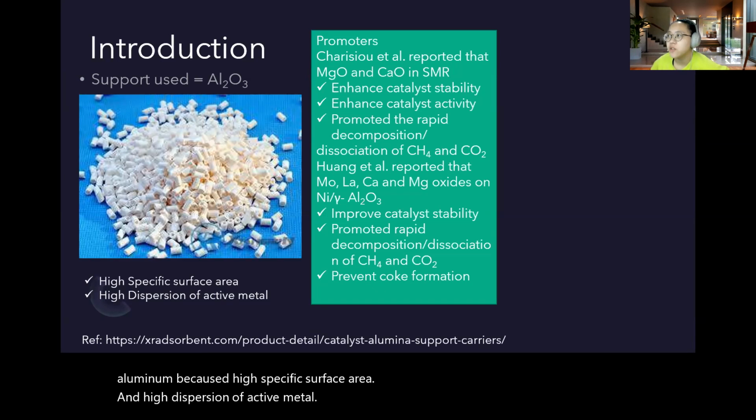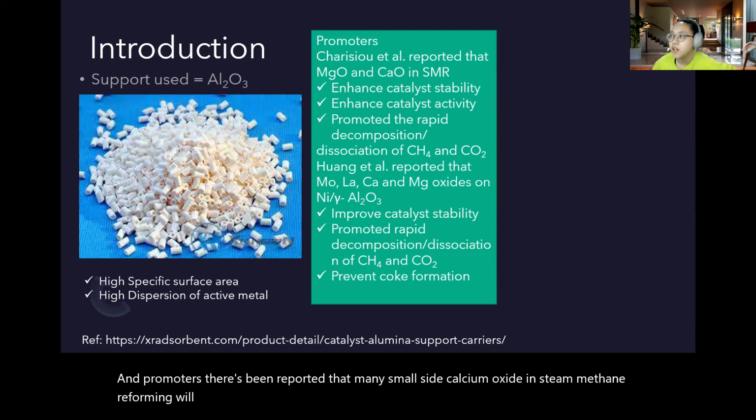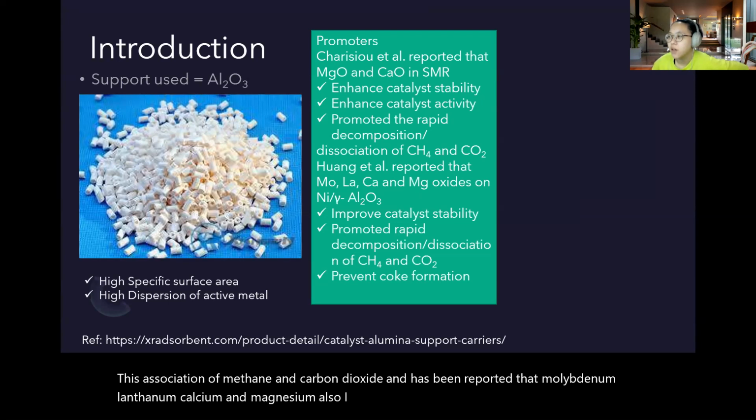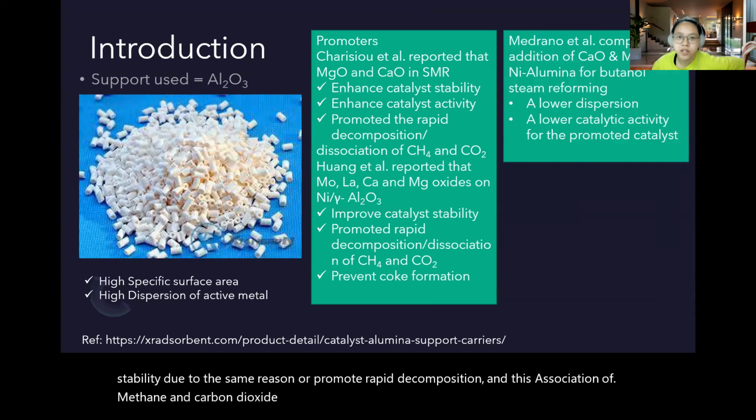And for the promoters, there has been a report that magnesium oxide and calcium oxide in steam methane reforming will enhance catalyst stability and activity, and also promote rapid decomposition and dissociation of methane and carbon dioxide. And there has been a report that molybdenum, lanthanum, calcium, and magnesium oxide on nickel gamma alumina will improve catalyst stability for the same reason, promoting rapid decomposition and dissociation of methane and carbon dioxide, and also preventing coke formation.